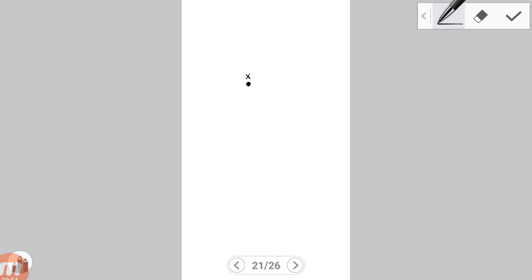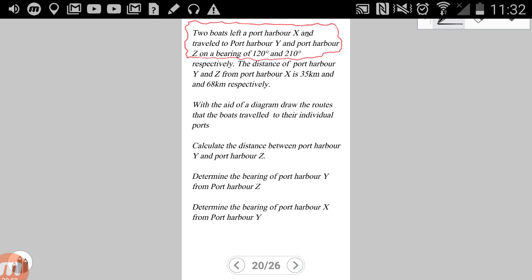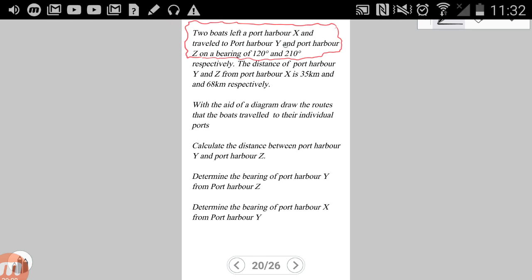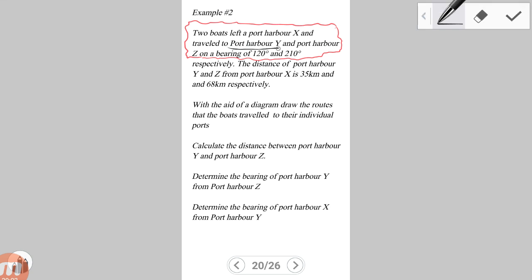So that's harbor X. What is it saying here? It traveled to harbor Y, and it also traveled to harbor Z. So Y first, Z separate.